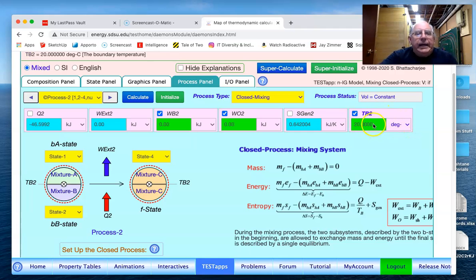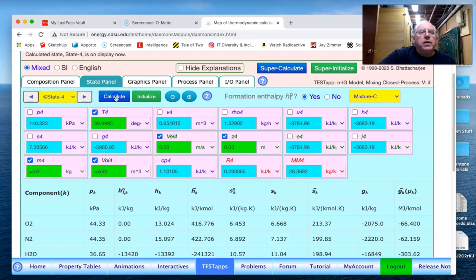I'm putting that in just in order to calculate the correct entropy generation associated with the fact that you do have some heat transfer to a boundary that generates entropy as we go from mixture A and mixture B to mixture C. And so now if I go back to the state panel for state 4, you'll see at 40 degrees the new pressure, because we lost energy, goes down to 140.3.